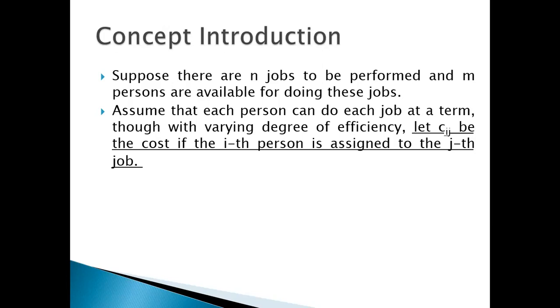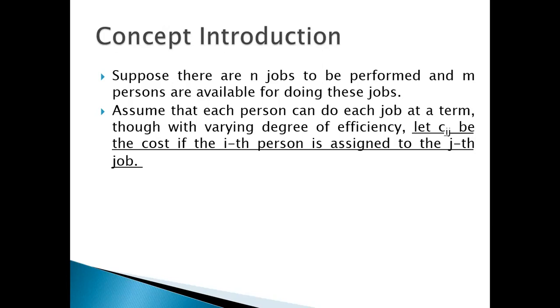Assume that each person can do each job at a time, having varying degrees of efficiency. See, the person X may do the job in 9 hours, the person Y may do the job in 5 hours. So with varying degrees of efficiency of the people, we are able to differentiate the time limit.